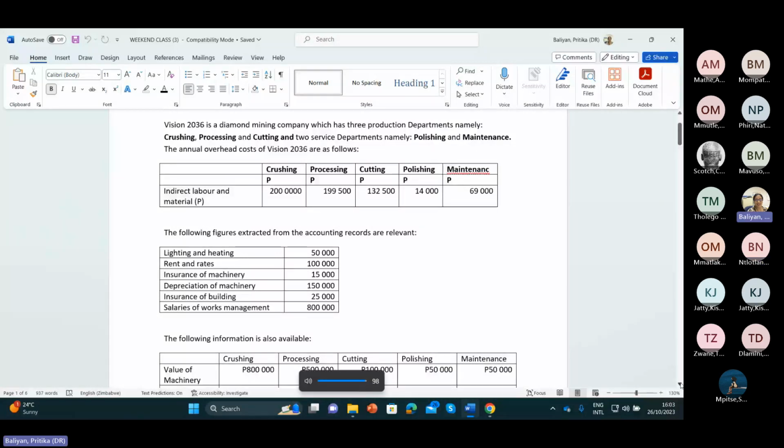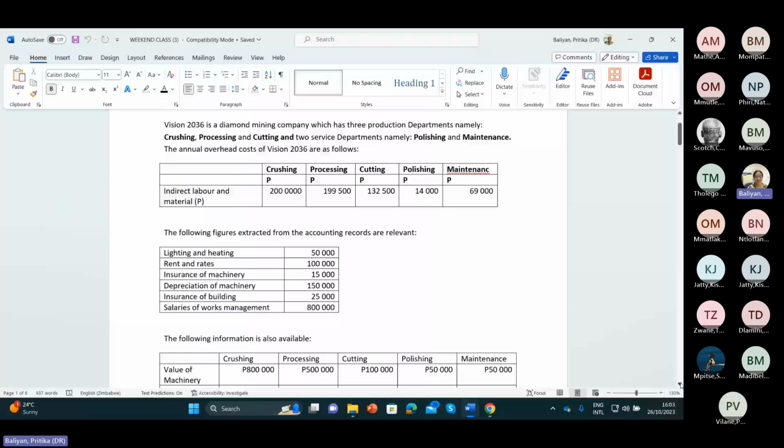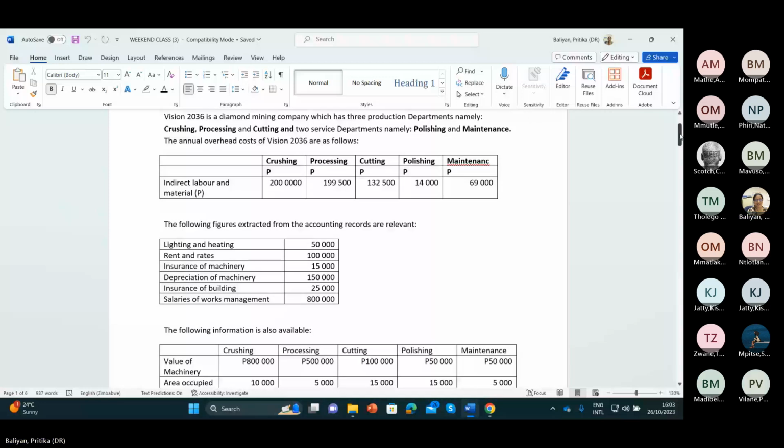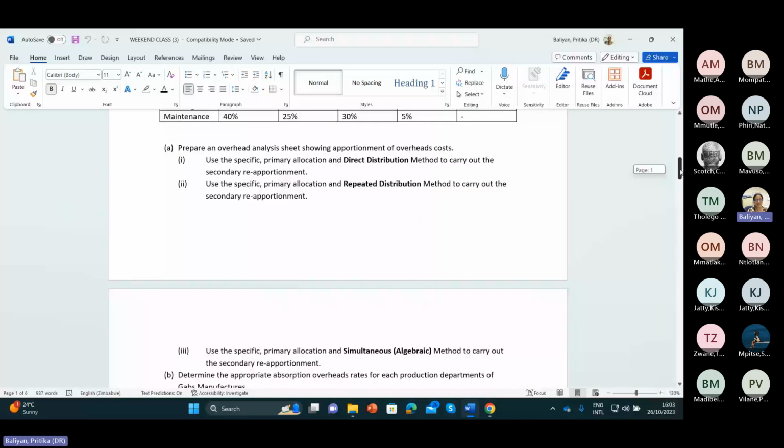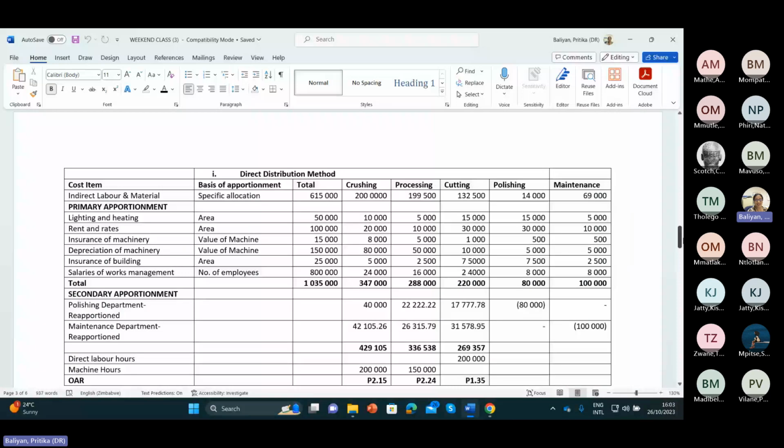Okay. So today we are going to discuss the simultaneous equation method, and I'm showing first the primary and secondary allocation. I believe that everybody has this question. Do you have the copy of the question? Please go through the primary and secondary allocation, see this part, and then I will start with the simultaneous equation in a minute, until you can have a look.